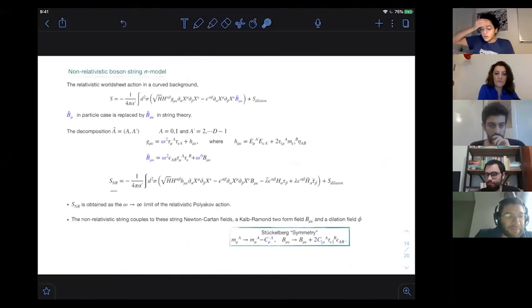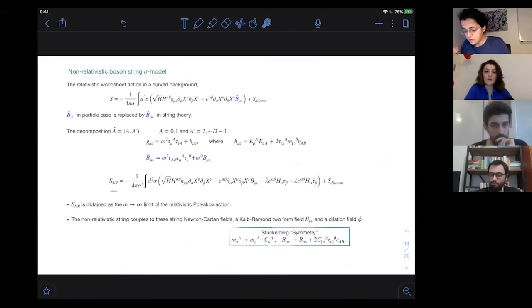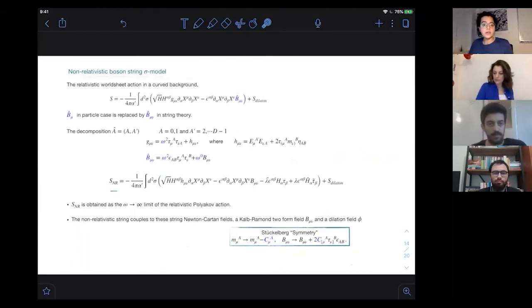Okay, so for this part, I will focus on strings. I will start with the relativistic worldsheet action. String theory is a theoretical framework where particles are replaced by extended objects, so-called strings.